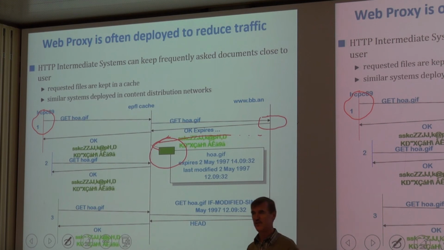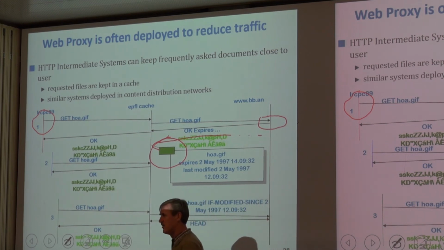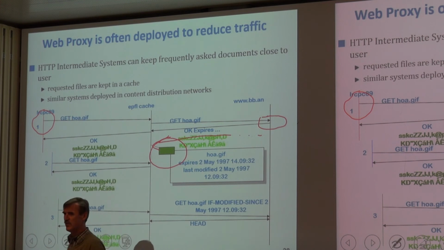What are those commonly asked files? Perhaps things like header files, a lot of decoration that you find on web pages that take a lot of space and are always the same.